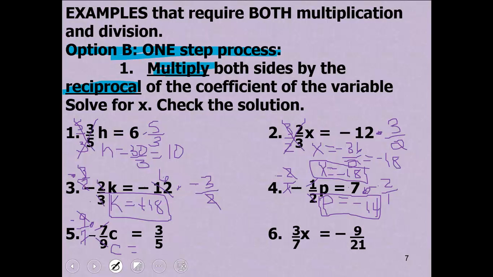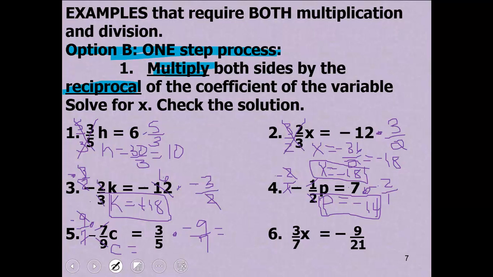Now, sorry, I'm going to move to the right because I hit the blank screen thing. So now I have 3/5 times a negative 9/7. Okay? I'm multiplying 2 fractions together.